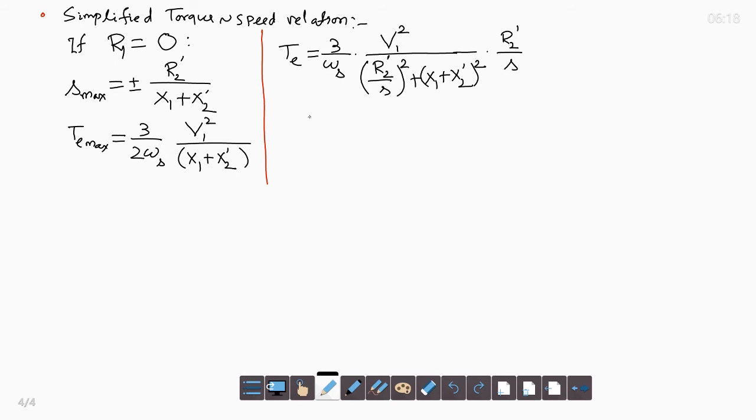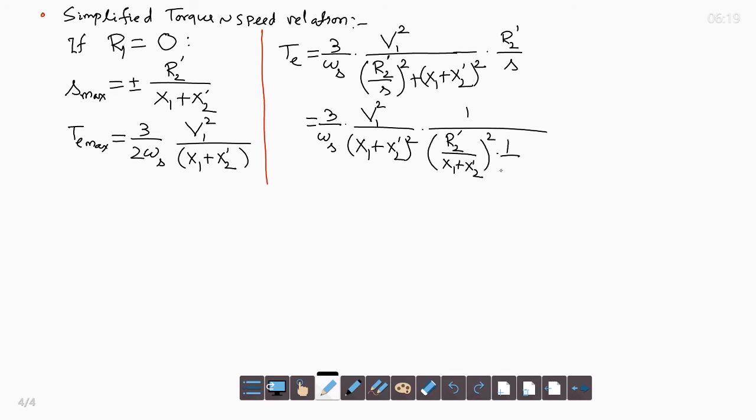So, we will simplify this. You can take 3 by omega s into V1 square divided by X1 plus X2 dash square, into 1 upon, if you take X1 plus X2 dash square common, R2 dash divided by X1 plus X2 dash square into 1 by s square plus 1, into R2 dash by s.